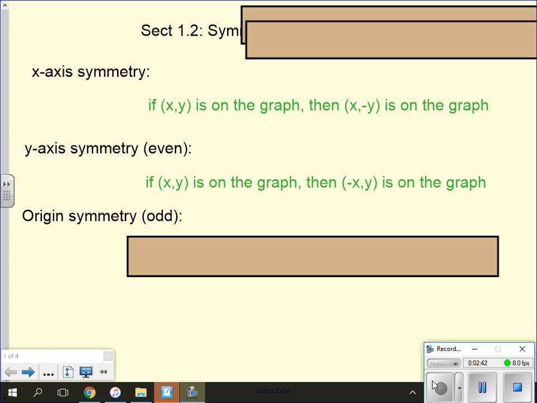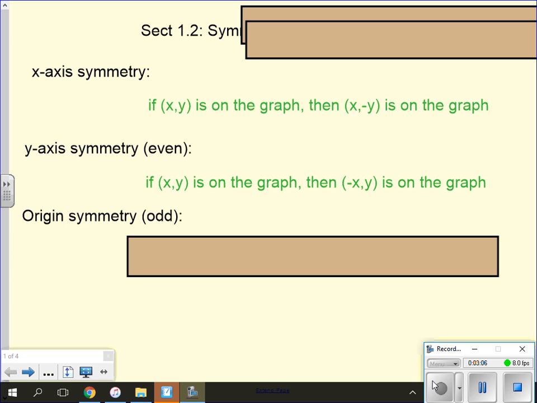Think about x squared. Think about x to the fourth. We talked about those the other day. Those have y-axis symmetry. They are even. You take the paper, fold it on the y-axis, and the two sides match up perfectly. That's what happens with the parabola that's centered on the y-axis. Anything that's centered on the y-axis and folded like that is even.